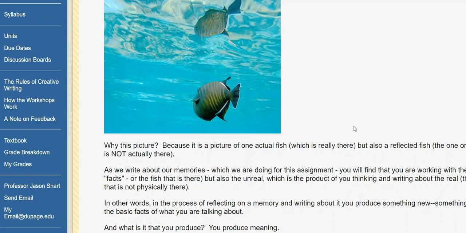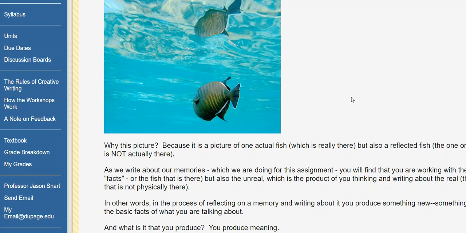So it's interesting to look at the fish in the reflection here. There's the real fish, quote unquote, so the real thing that happened to you. But for our purposes, the more important one is the so-called fake one, or the trick one, the reflection one, because it's the product of, in our analogy here, you taking the real and presenting it in a way that it didn't just unfold in sequential order, to make it interesting to somebody else.